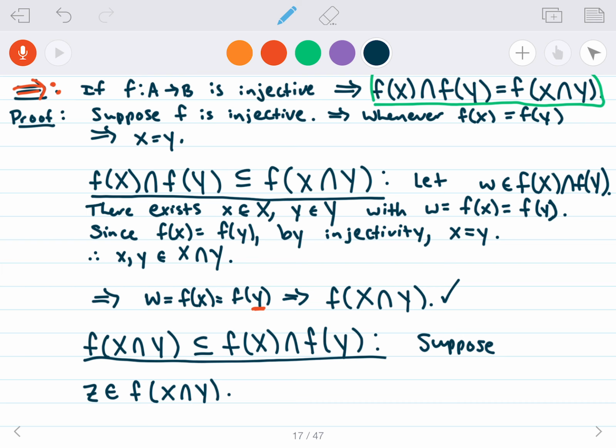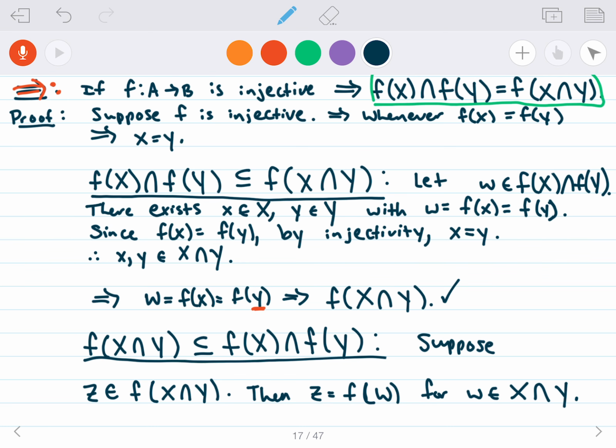Okay, so what does that mean? Well, that means the following. Then z is equal to f of w, for some little w in the intersection of capital X and Y. That's just what that means.